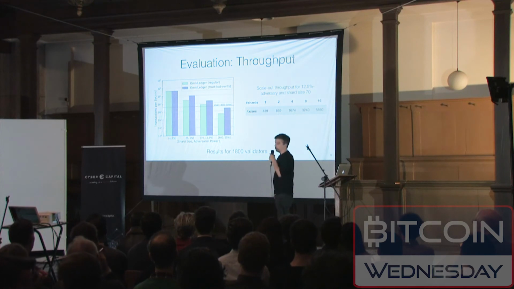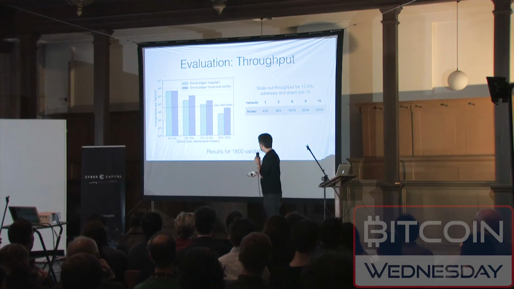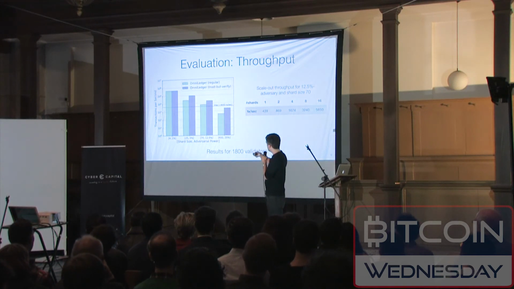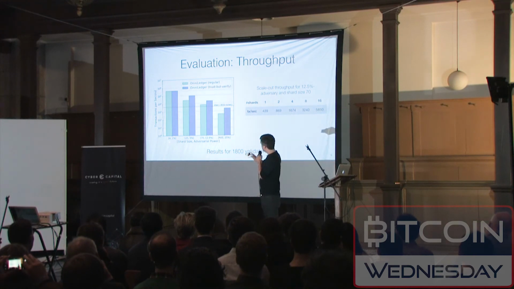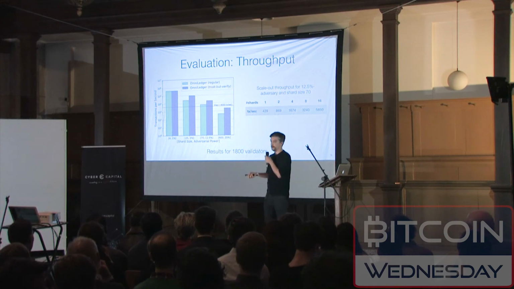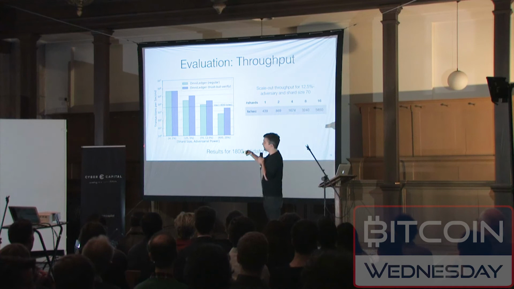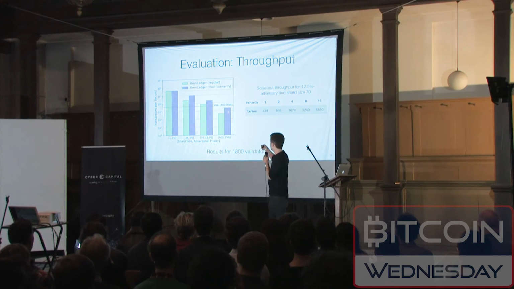So first, we looked at the throughput that we can achieve with OmniLedger. Here on the right-hand side, what you can see on the x-axis is on the one hand the shard size, and on the other hand the adversarial power. On the y-axis, you can see the transactions per second. We also added the line for the average throughput that Visa is doing, which is around 4,000 transactions.